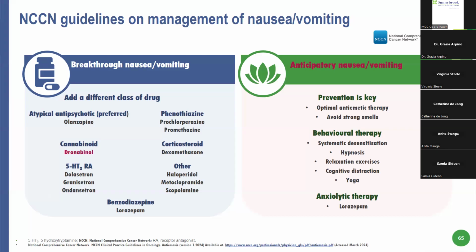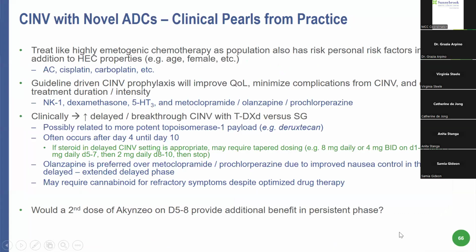You may also use hypnosis, relaxation, cognitive distraction, or yoga. These are all ways that may help with anticipatory nausea, but those studies are conflicting and usually not very well run, so it's probably not level 1 evidence yet. Lorazepam may be another compound that may decrease the level of anticipatory nausea.